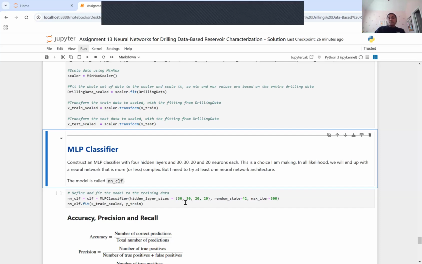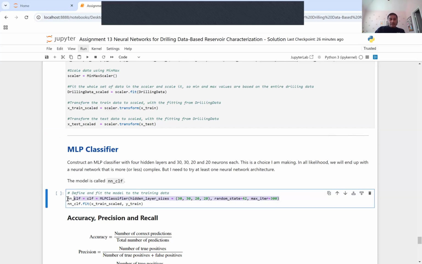All right, so I'm going to define my neural network model, and then I'm going to fit it to my training data set.